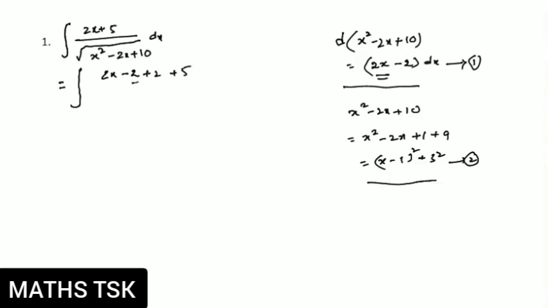The remaining is the same, root of (x² - 2x + 10) into dx.